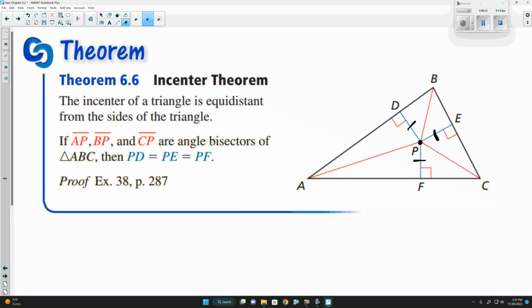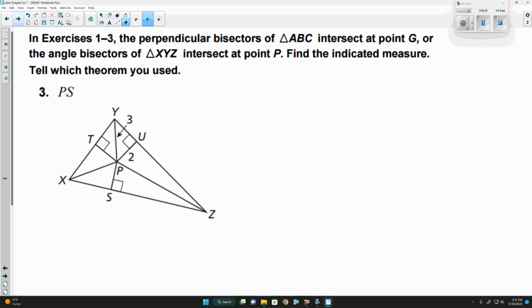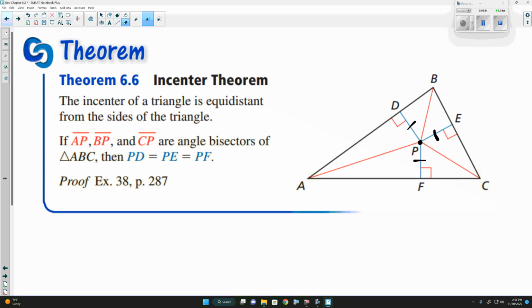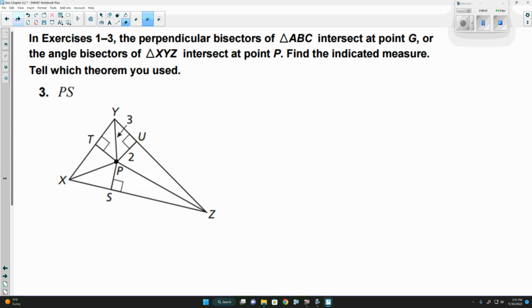So if we look at our next one, we're told that this here is the incenter, because the incenter of a triangle is equidistant from the sides. So if these three line segments are angle bisectors, where they meet is the incenter. So it means the distance from the sides to this point are congruent.